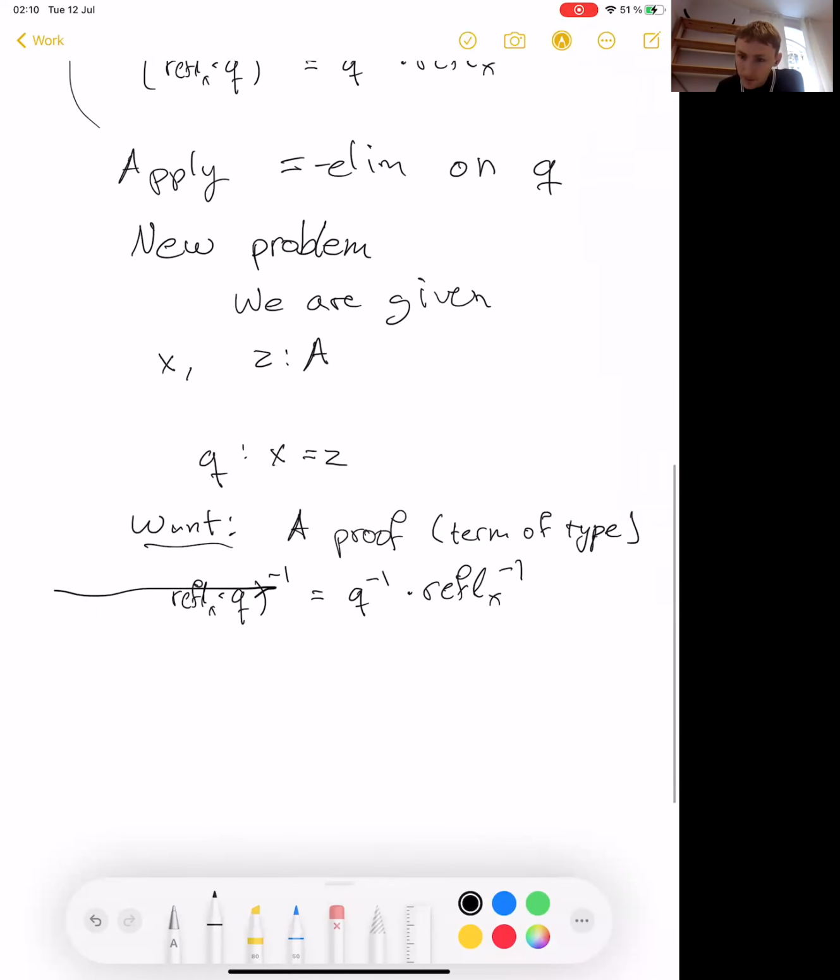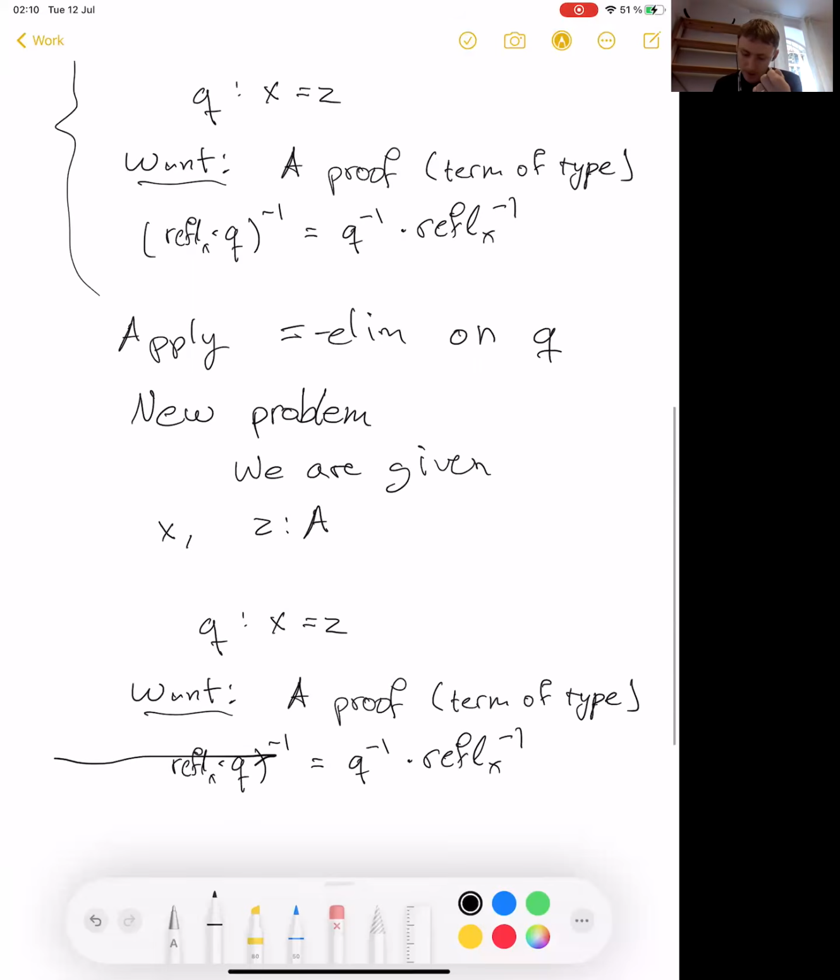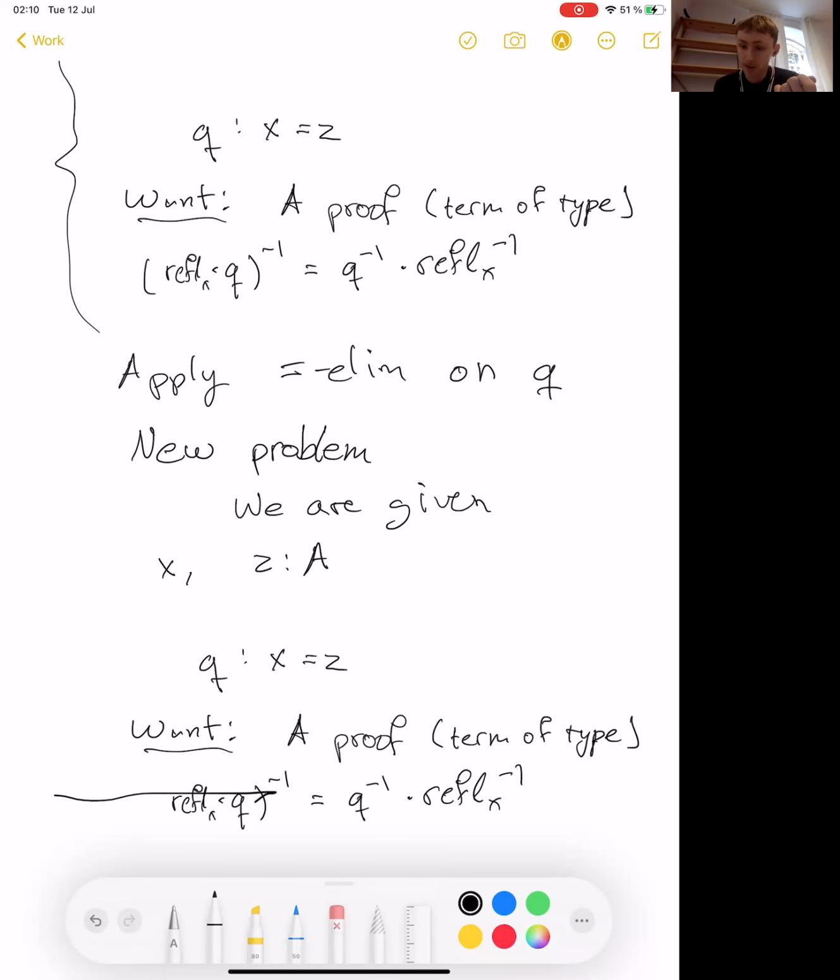If we apply, oops, do you have to do path induction on Q, or could you say? So the issue here is when you define composition. What Jacob asked was, aren't we done here? Because REFL composed with Q, that's just Q, and Q inverse composed with REFL inverse, that should just be Q inverse.